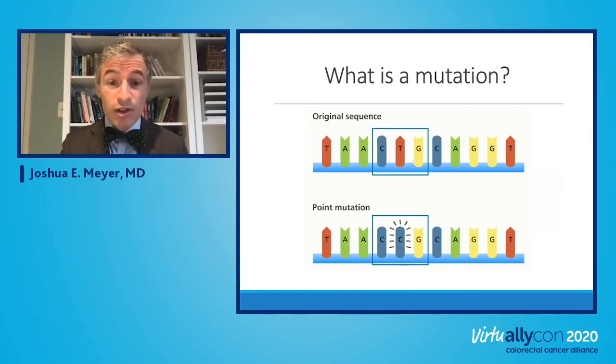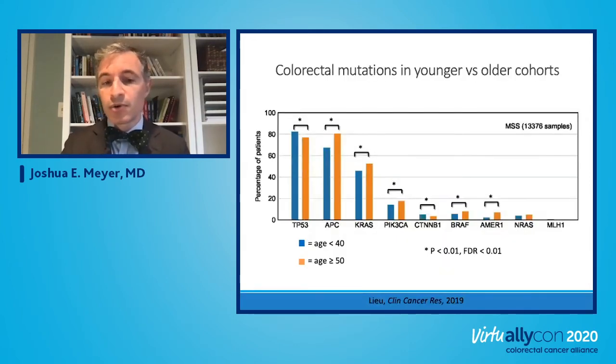And then if one of those bases changes, so in this example, from a T to a C on the bottom, that would be a certain kind of a mutation, just meaning a change in the DNA sequence in that particular gene.